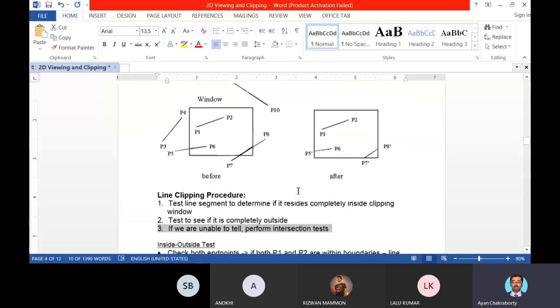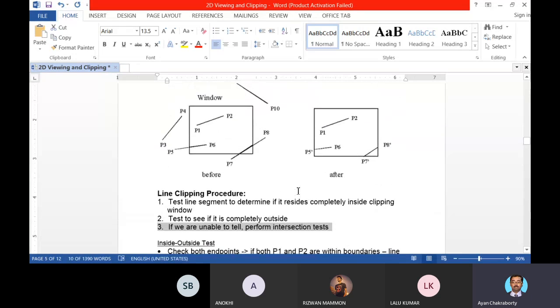If anyone has any query about this line clipping algorithm, please tell me. Is it okay to all of you? Yes, sir.